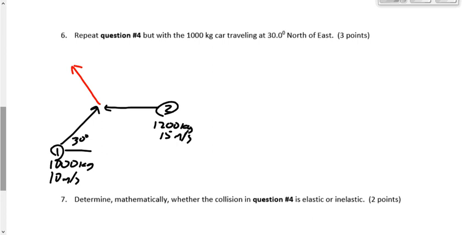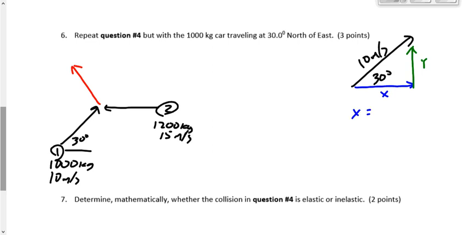30 degrees? I don't like funny angles. So we take the 30 degrees off to the side, 10 meters per second, and we break it into x, and we break it into y. The x component is found by cosine, and it should work out to be 8.6603, I think it is.